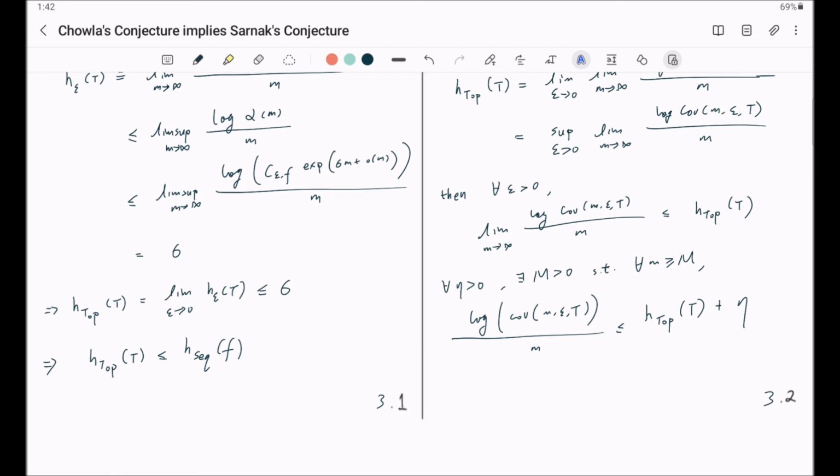And this further tells us, if we move this m to the right-hand side and take the exponential on both sides, this gives us the curve N_m(epsilon, T) is less than or equal to exponential of m times h_top of T plus eta, for m sufficiently large.